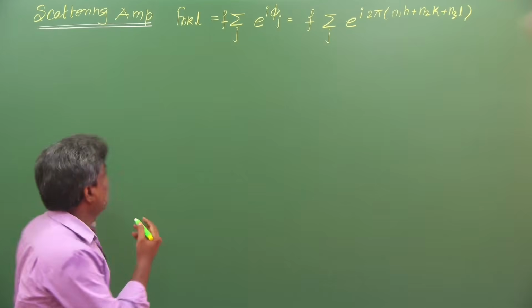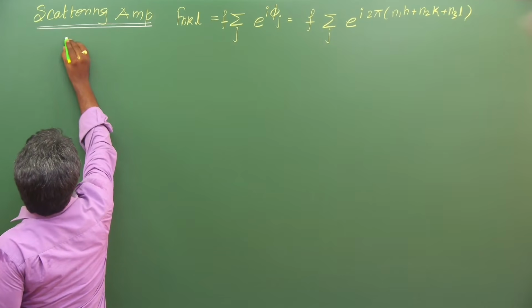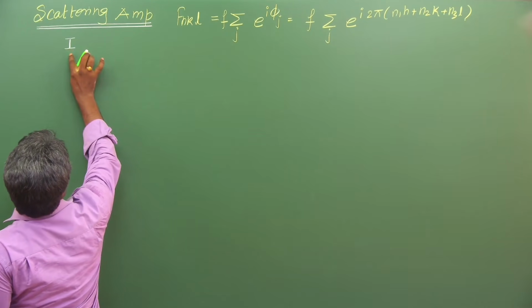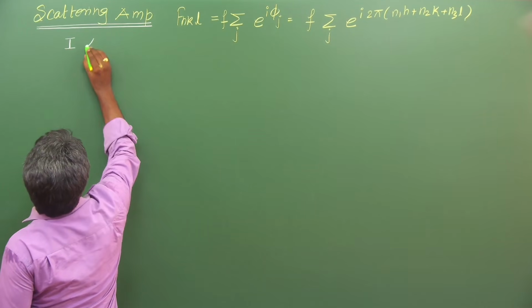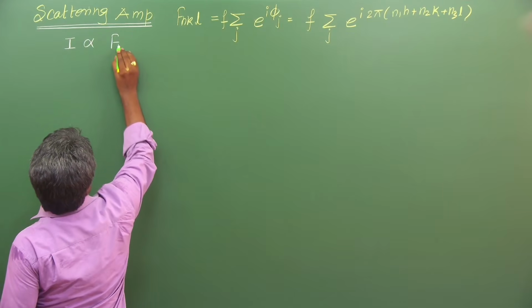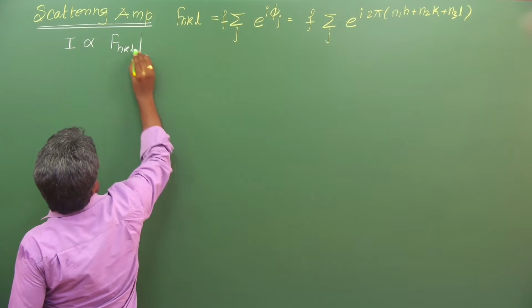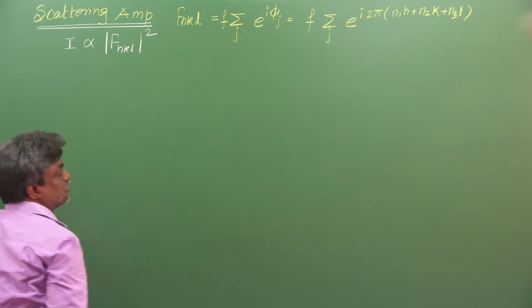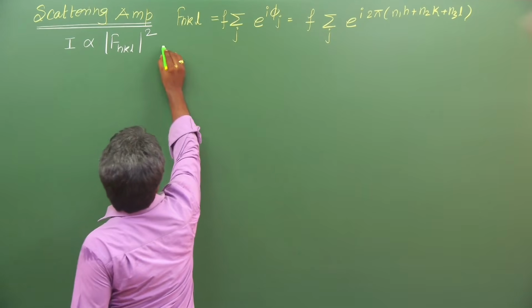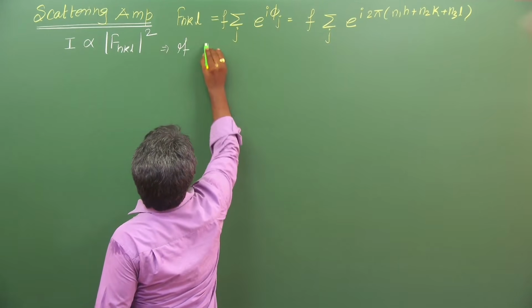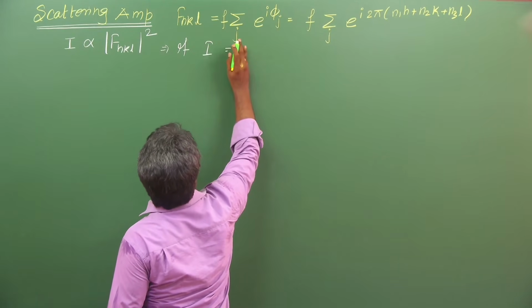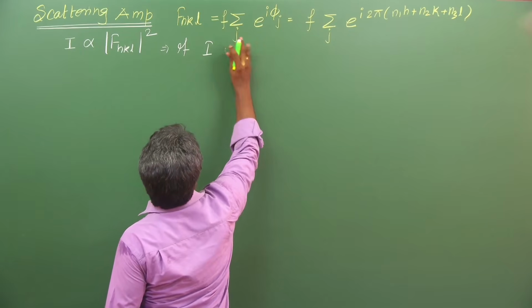That is what we are going to check here. So here my intention is to check the intensity. The intensity is directly proportional to F_HKL mod square.